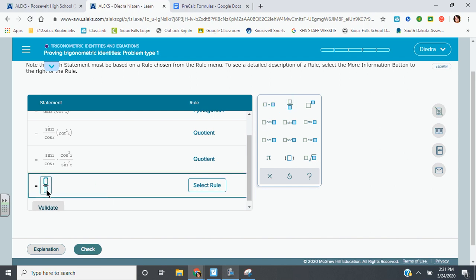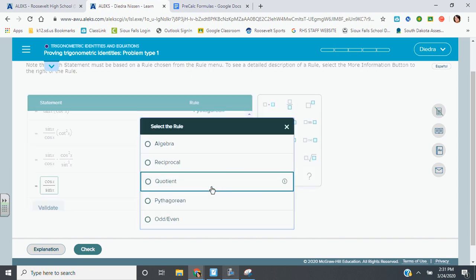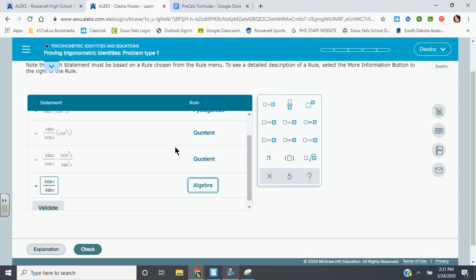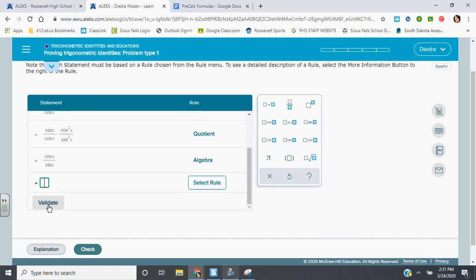So I'm going to give my fraction sine of x in my denominator, and then I'm going to have a cosine in my denominator and 2 cosines in my numerator. So when I reduce, that one's going to go away, and one of my cosines in my numerator is going to go away. So I'm going to have cosine of x then over sine of x. What I did here was just algebra in order to simplify. So anytime you're reducing, you're going to select algebra.